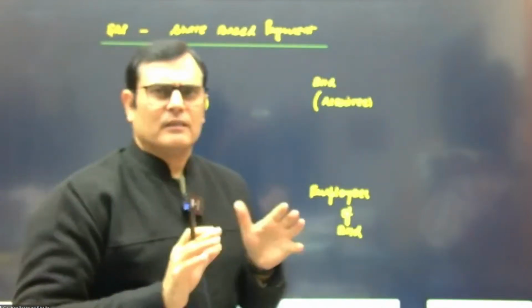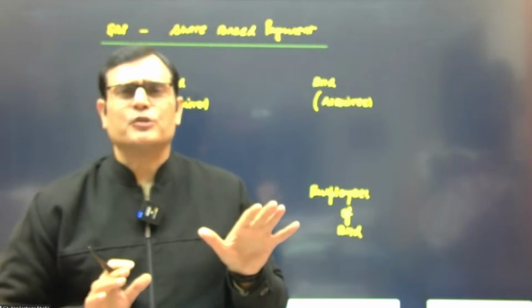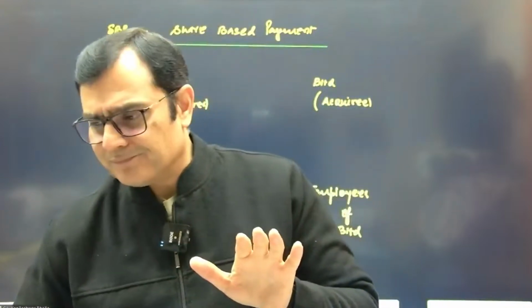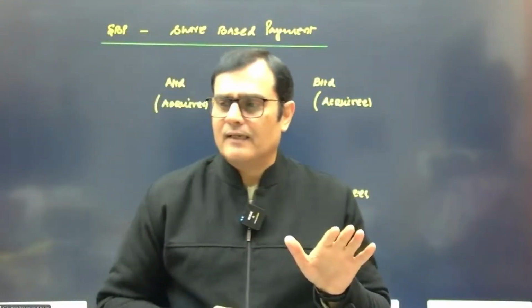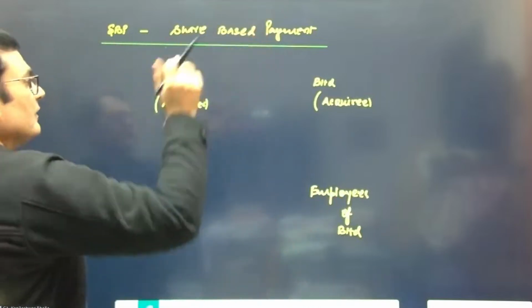I guess you have a little idea about accounting for SBP, right? Can I just safely assume you know the accounting for equity settlements? Can I assume that? I don't need to give you inputs on that? Yes, sir. Great. Wonderful.